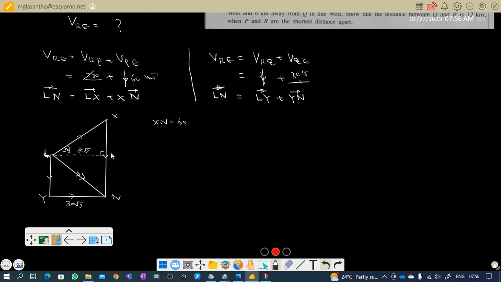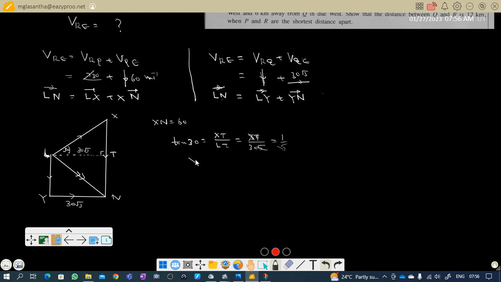If you put T here, tan 30 equals XT over LT, that is XT over 30 root 3, which is 1 over root 3.